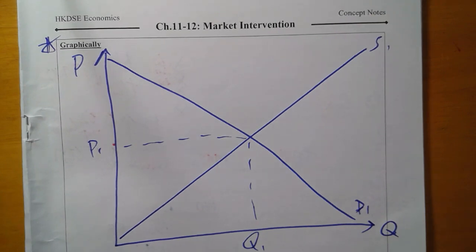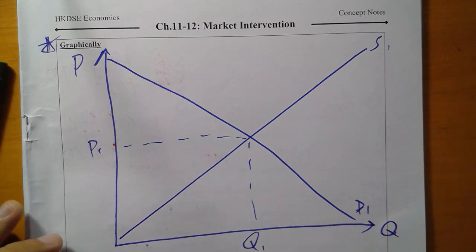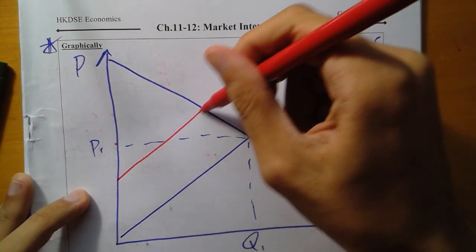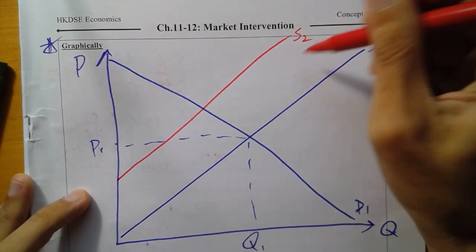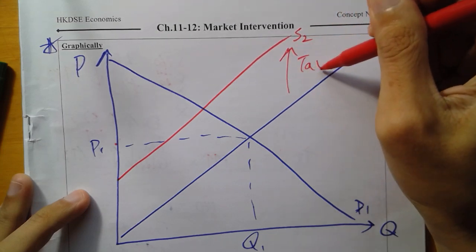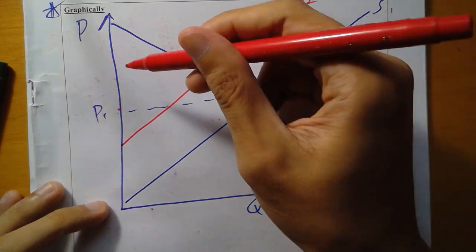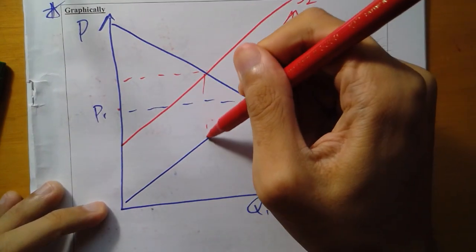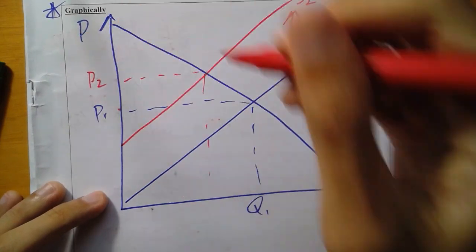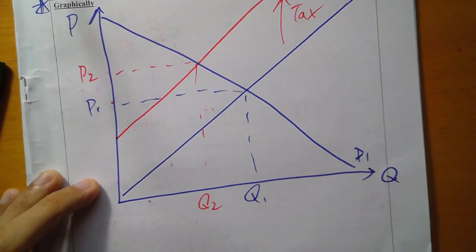Now if you remember, with a tax there will be an upward shift of supply, right? S2, this is our tax, upward shift. Now, also mark P2, Q2, and do one more thing for me.